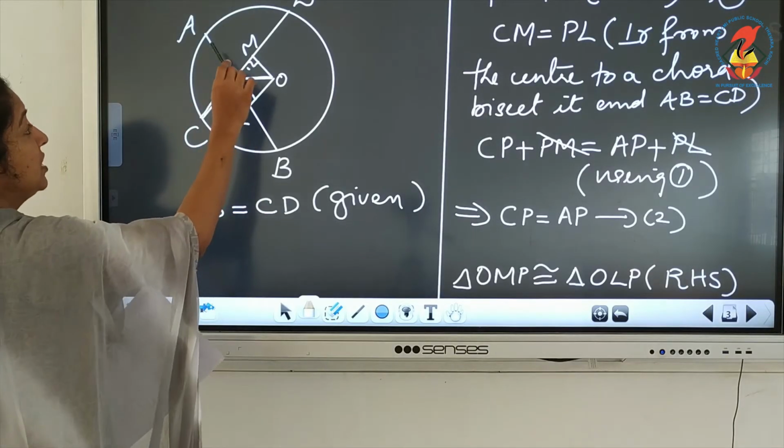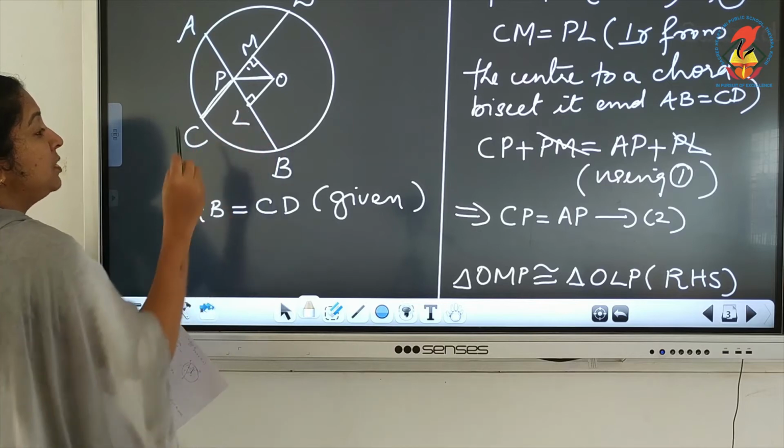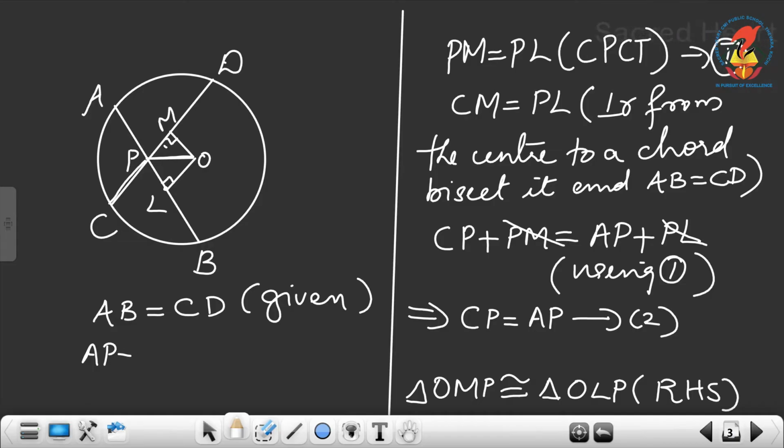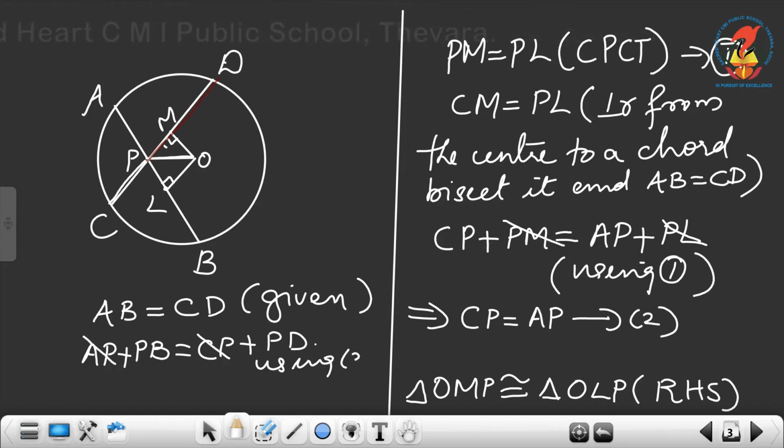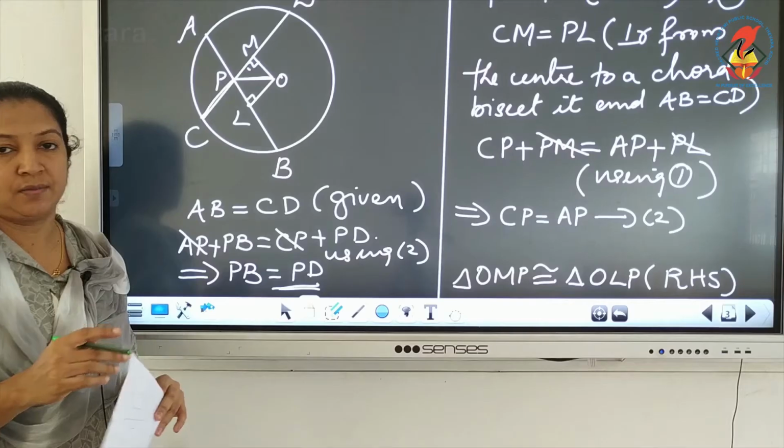AB we can split as AP plus PB, and in the same way CD as CP plus PD. But what about AP and CP? Equal using 2. We can cancel these two. So this gives PB is equal to PD. This is the last result.